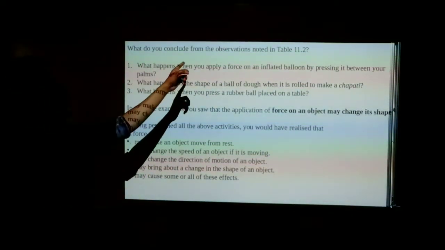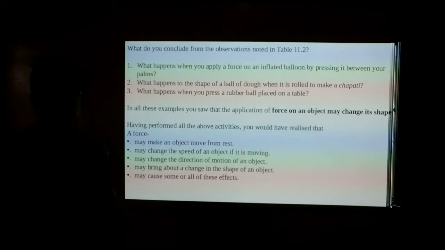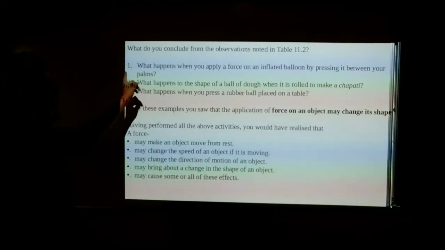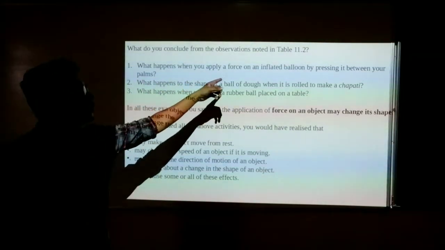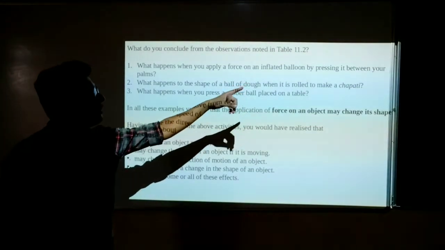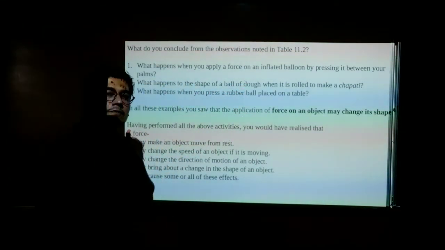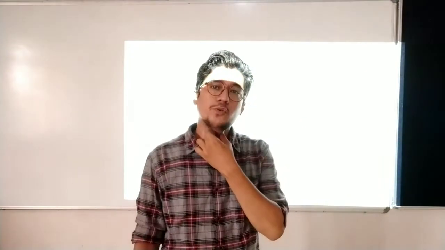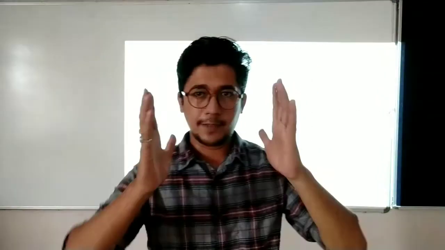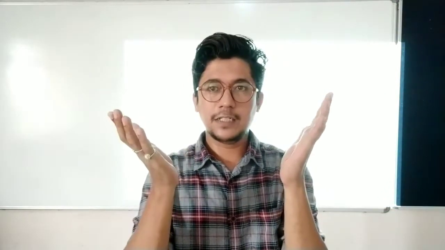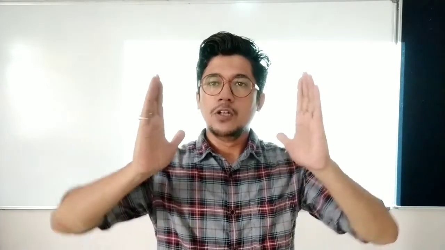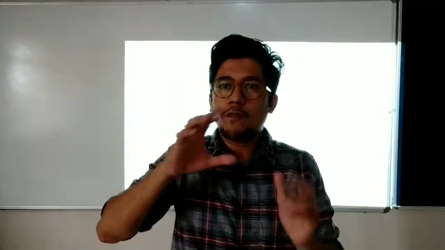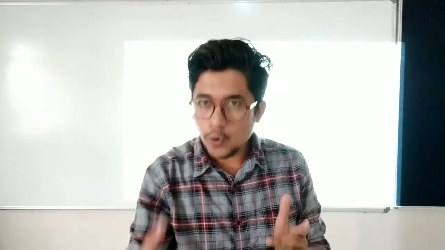So what do you conclude from the observation noted in table 11.2? What happens when you apply a force on an inflated balloon by pressing it between your palms? Here one more example they have given. Suppose you have a balloon in your hand and that balloon is in a spherical shape. When you push that balloon, the spherical shape will change into oval.